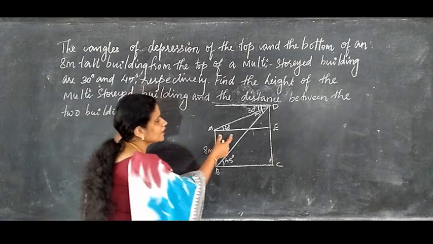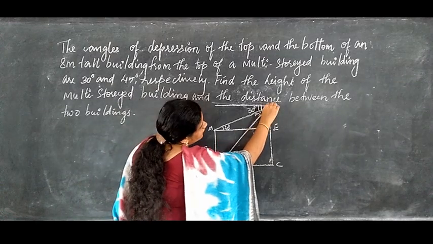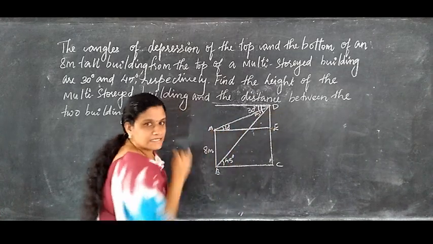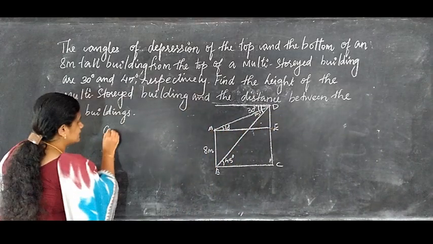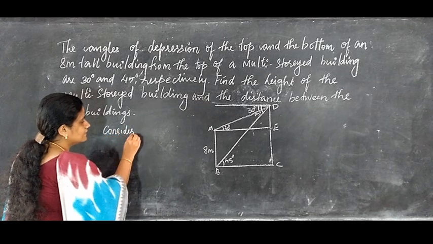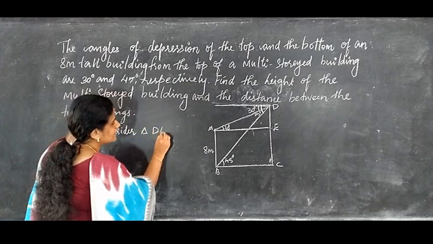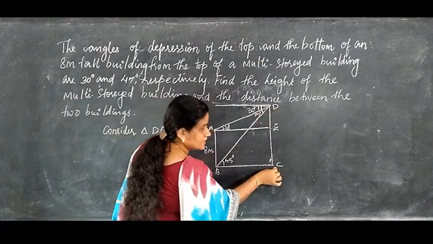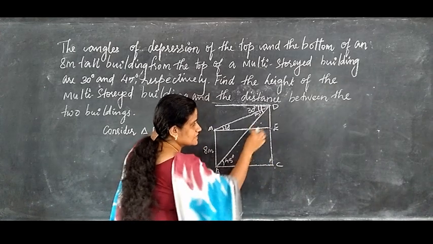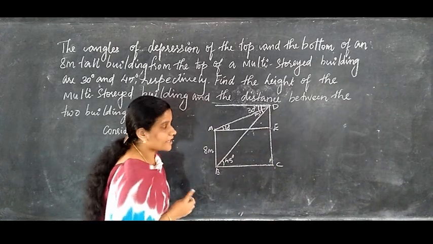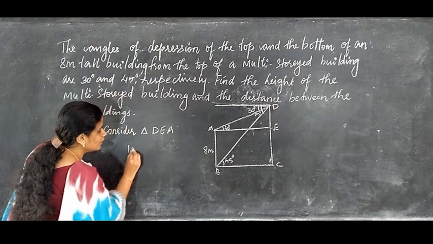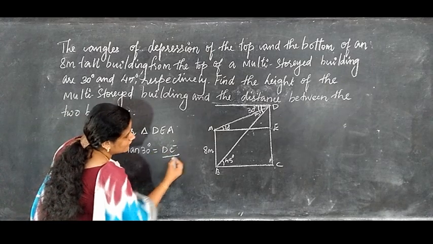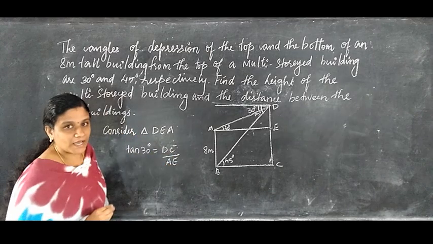So here you just see, we are going to consider the right angle triangle DEA. Here our question is, we have to find the height of the building and the distance, which means opposite side and adjacent side. So we are going to take the trigonometric ratio. Tan 30 degrees is equal to DE by AE.